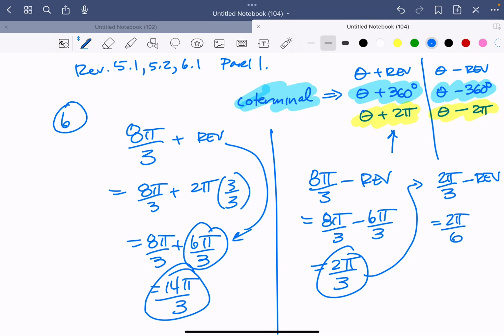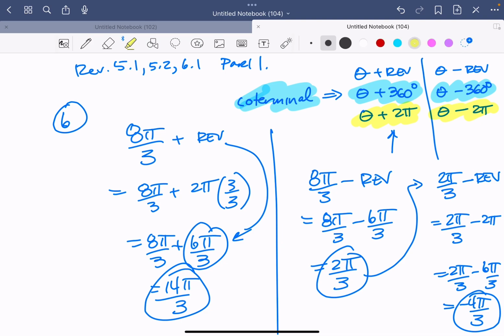Subtracting 2 pi is the same as subtracting 6 pi over 3. So I get negative 4 pi over 3 is coterminal to my original angle, 8 pi over 3. So this and that all land on the same spot on the unit circle.